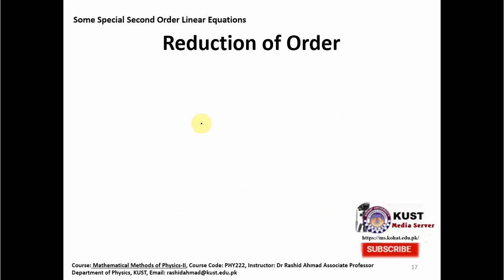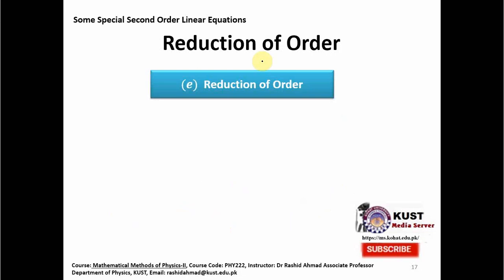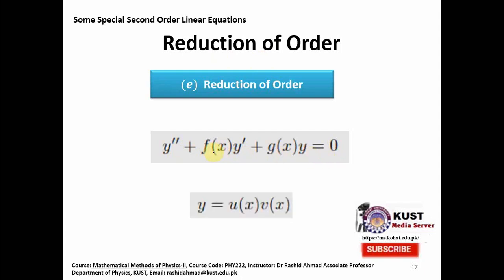Now we move towards the last type of these equations, that is the reduction of the order, where we have, for example, this equation y double prime plus f of x y prime plus g of x y equal to 0. Then we solve this equation by making a substitution and reducing its order.